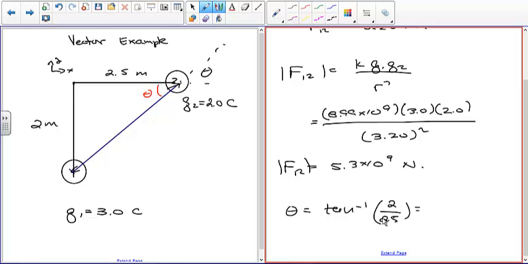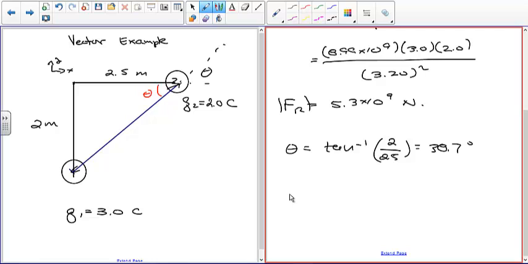Make sure it's in degrees, which it is. So if I take the inverse tangent of 2 divided by 2.5, I get 38.7 degrees.